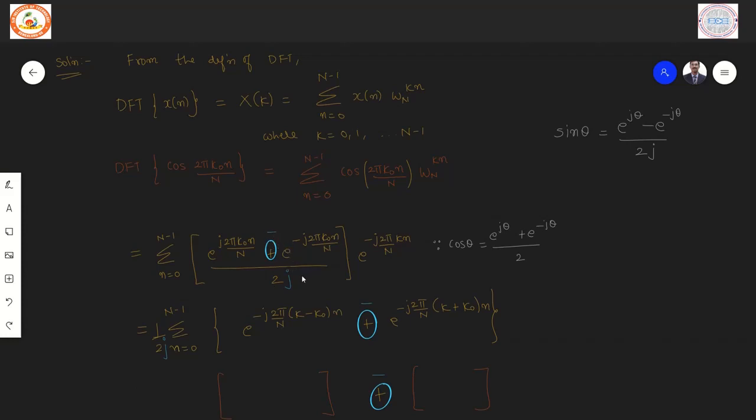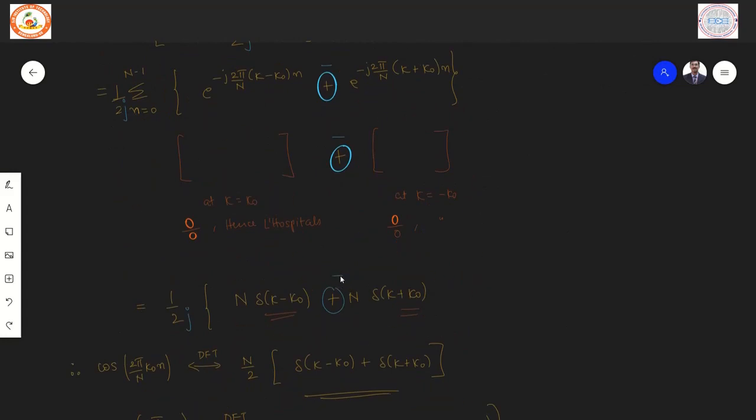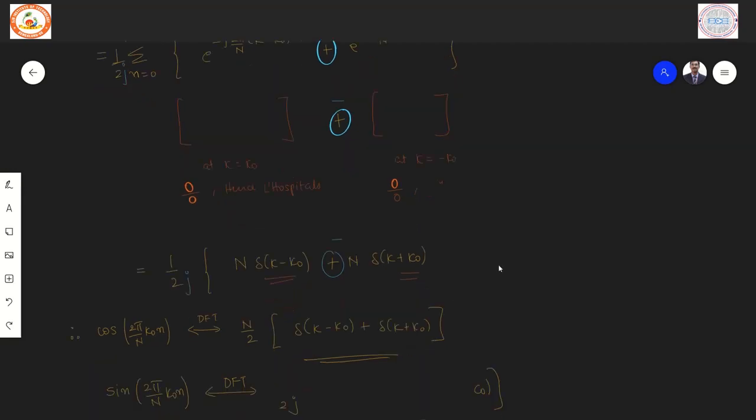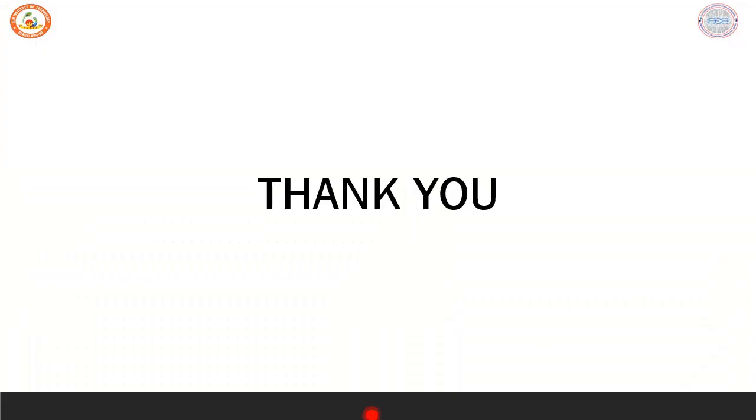So you get a negative here, you'll get a j here, and this will be minus, you'll have the extra j. The simplification proceeds in a similar fashion, but you'll have minus here and you'll have a j. Therefore, the result for sine is 1 by 2j into n times delta of k minus k naught minus n times delta of k plus k naught. This is how you can solve this particular problem. Thank you all.